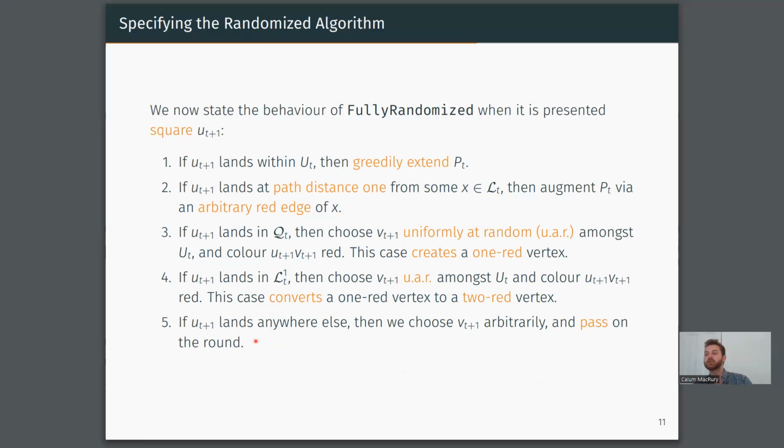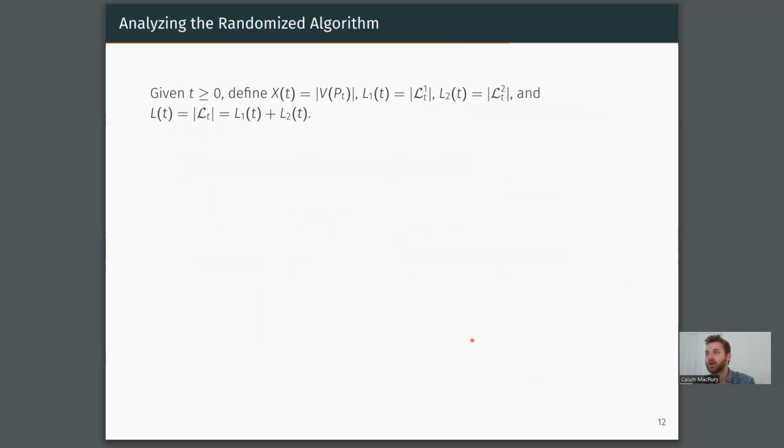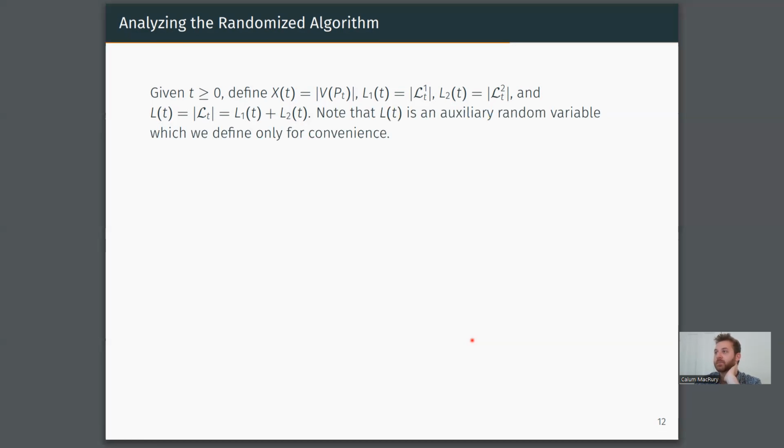And finally, if the square lands anywhere else, then we'll just choose the circle arbitrarily, and we can imagine this as just passing on the round because the edge isn't going to be used. Okay, so given a time step, we define some random variables for convenience. Here L of t is just the sum of L1 of t and L2 of t, but it's just an auxiliary random variable.